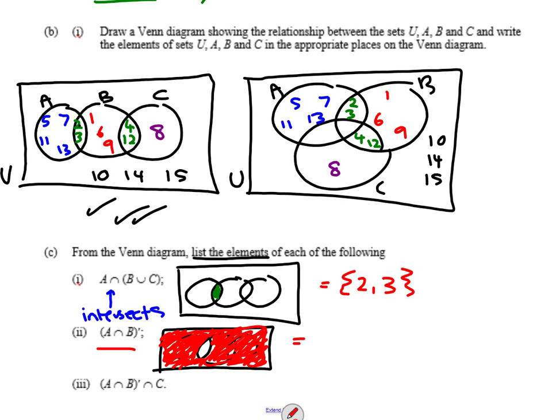So if 2 and 3 are the numbers on the intersect that's not shaded, then every other number in the universal set, which is the numbers 1 to 15, are part of the set. So I've got to write all of them out. So 1, don't include 2 and 3, 4, 5, 6, 7, 8, 9, 10, 11, 12, 13, 14, 15.